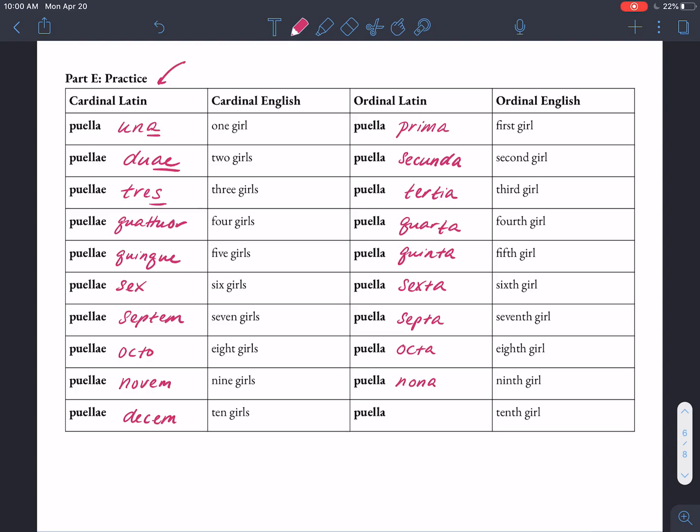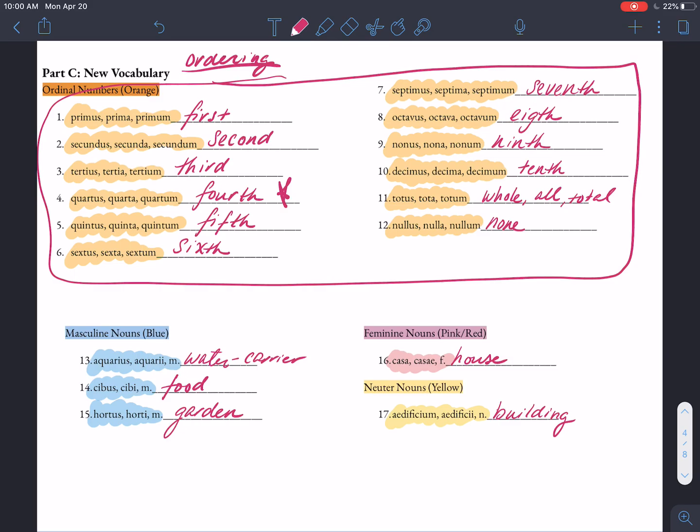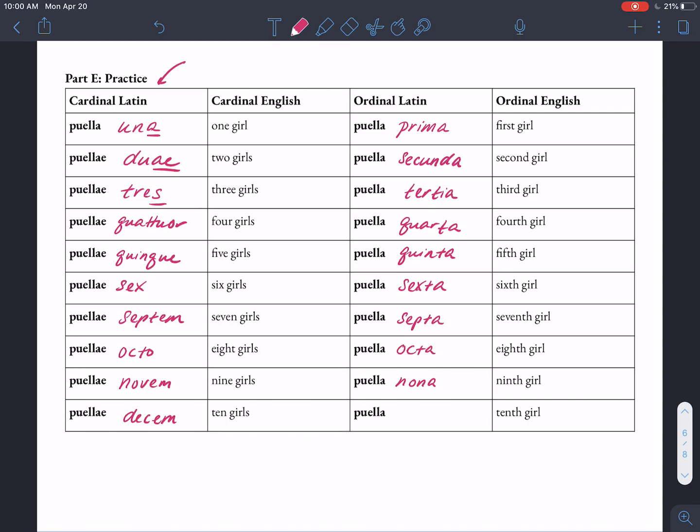And 10th, decima. I made a mistake here too, sorry. Septima, nona, and decima. So definitely refer to your vocabulary list when you're going through this, and that's totally fine, because you will see these in Latin when you're reading, but you don't see them terribly often.